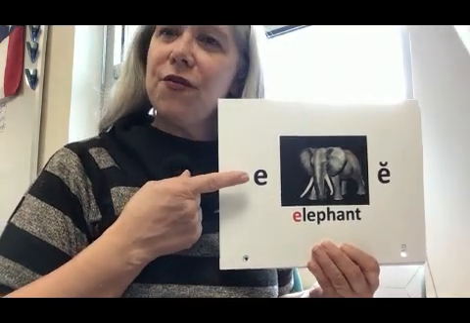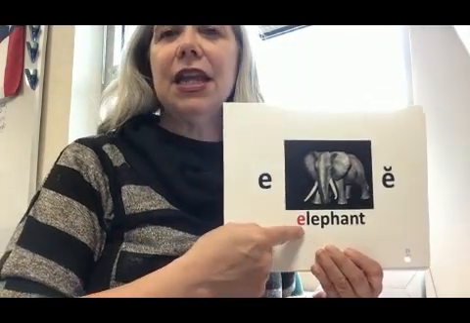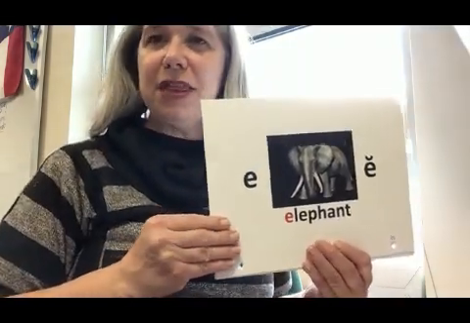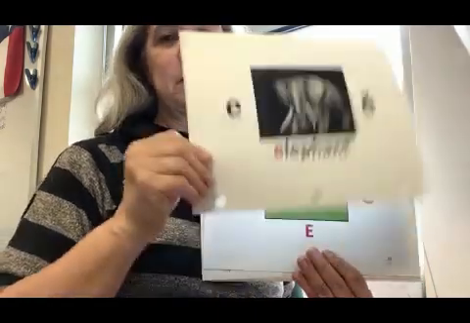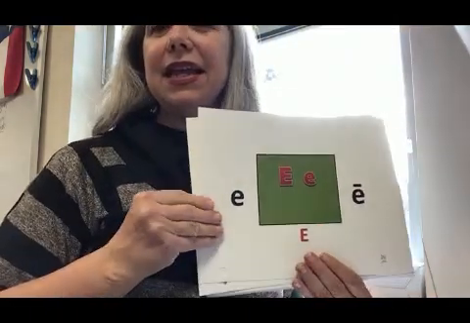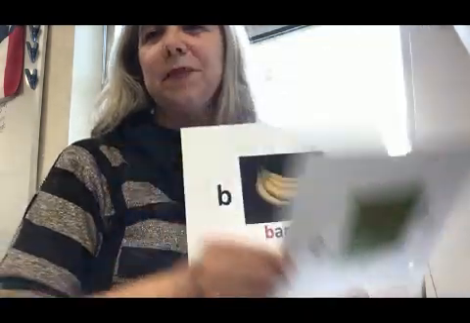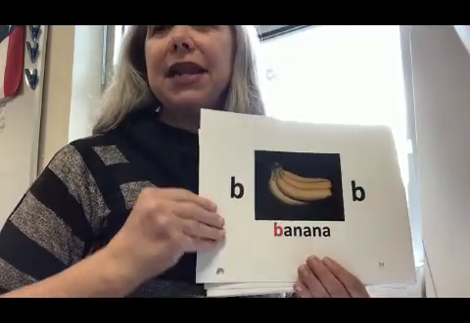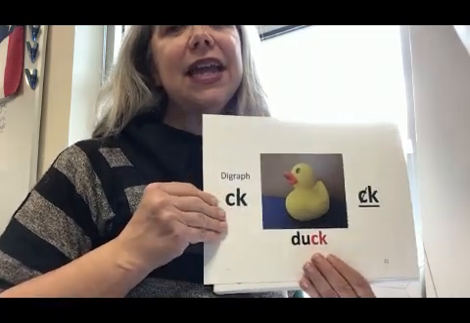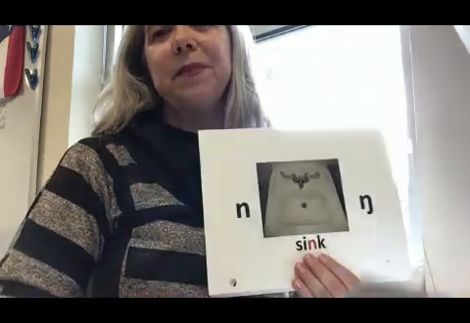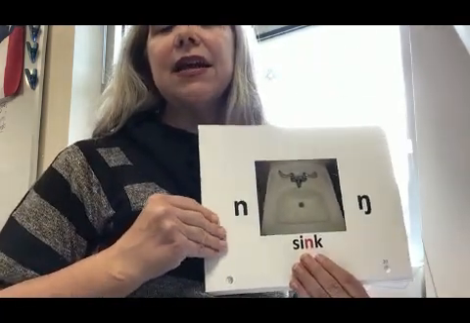Okay, we're going to go over our letter name, keyword, and sound. Say them with me. E, elephant, E. B, banana, B. Digraph CK, duck, K. Digraph NG, sink, Ng.